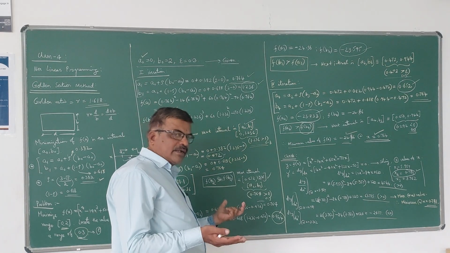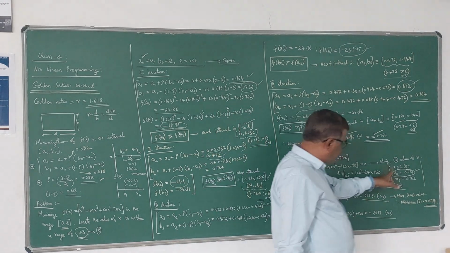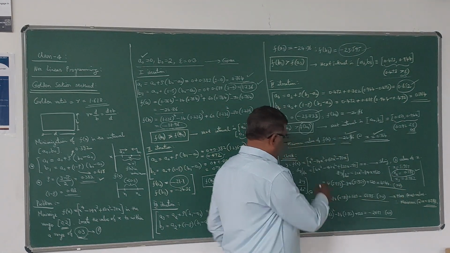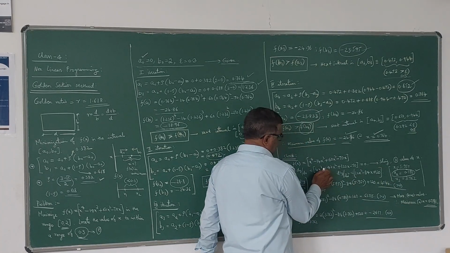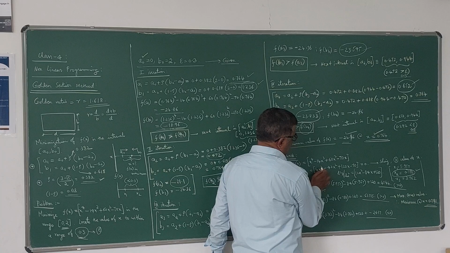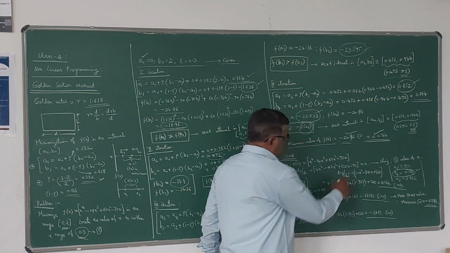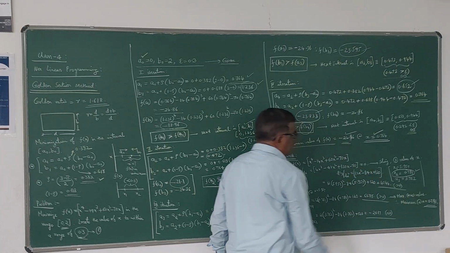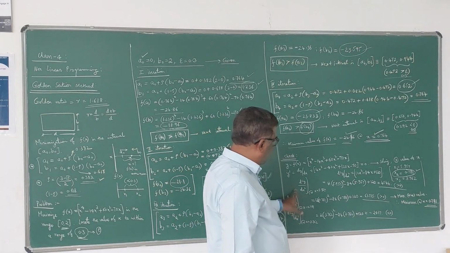Now we have to calculate the second derivative, d square y by dx square, for these three values of x. The second derivative of this, if you differentiate, you will get 12x squared minus 84x plus 120. If you go on putting the values of x here, for those three values of x, these are the corresponding values of the second derivative.